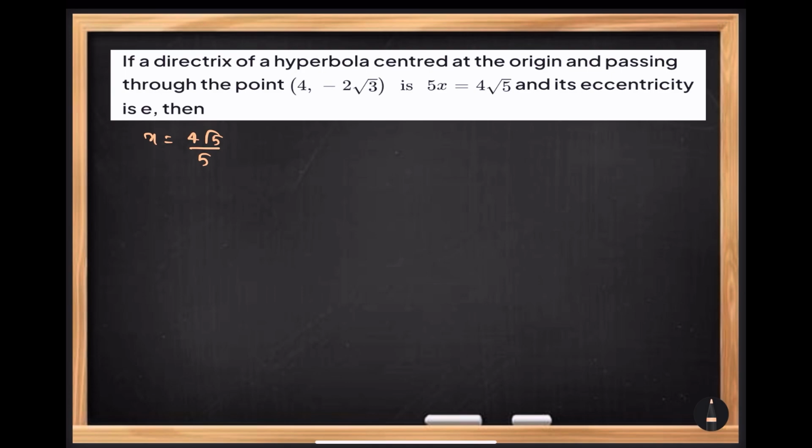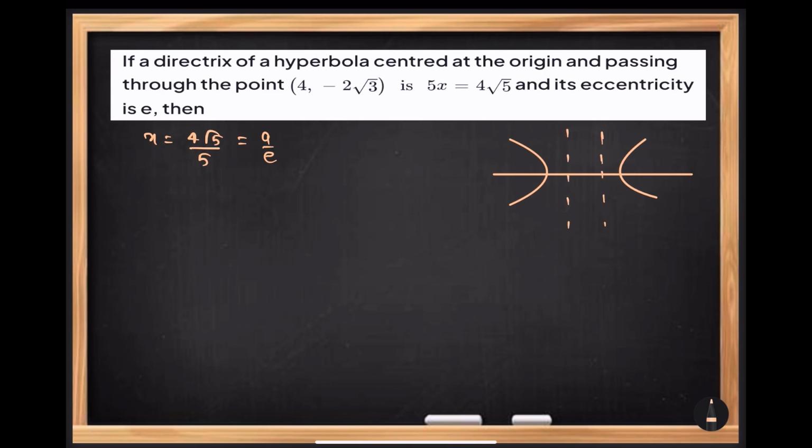So we got our equation of directrix. It is x equals a by e, correct? Means it is x, so we will have a horizontal hyperbola. Look at this. This is our horizontal hyperbola and we have to find out its eccentricity.